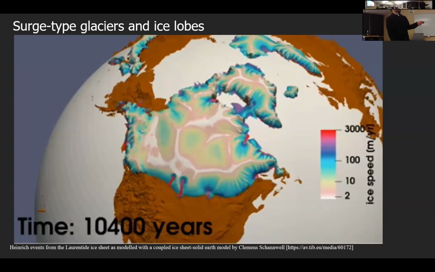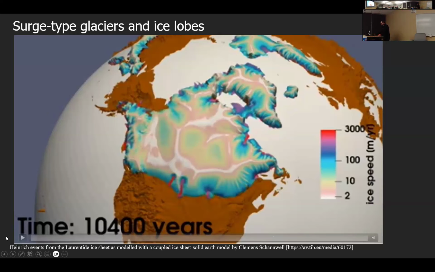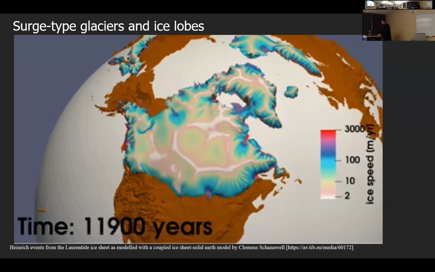And then you'll see there are these corridors of very rapid ice flow up to 3 kilometers or faster per year. And what you'll see in the model is that these fast flowing corridors come and go. And they form lobes at the edge of the ice sheet. So this is very dynamic, and there's a lot going on.